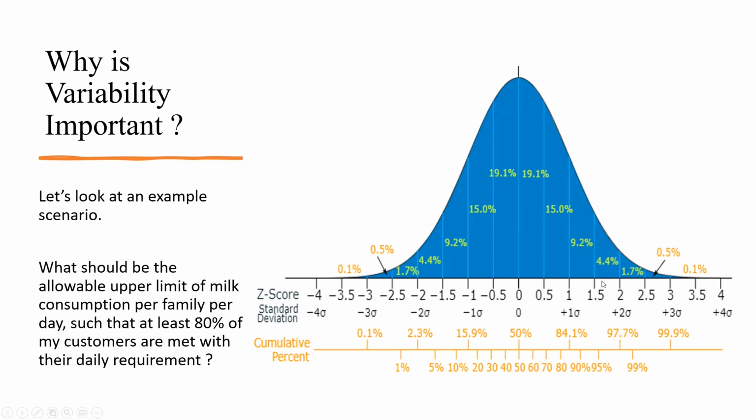You take the mean, calculate it, and to that mean add 0.8 of the standard deviation, and that should be the limit you set to reach at least 80% of your customers. This is how standard deviation or variance can be used.